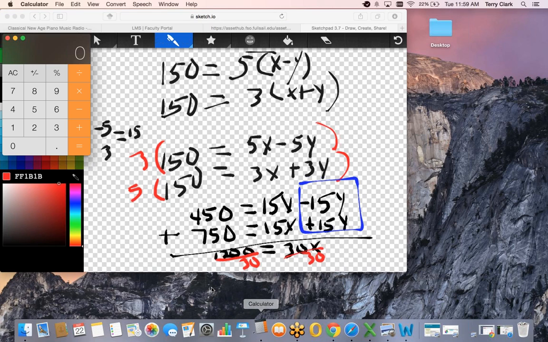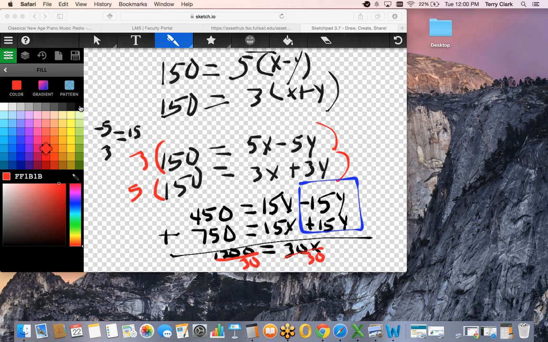So we got to reverse it with division. 1,200 divided by 30 will equal 40. Some people can look at that and say, well, 30 times 40 is 1,200. If you know that, then you don't have to do anything extra.